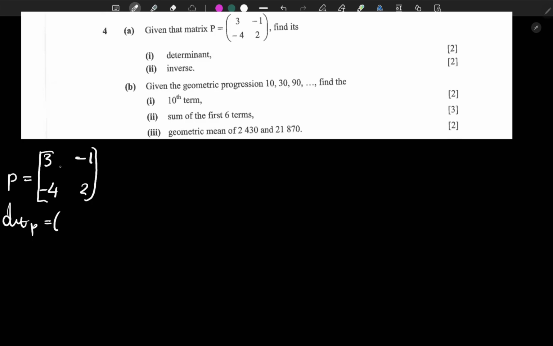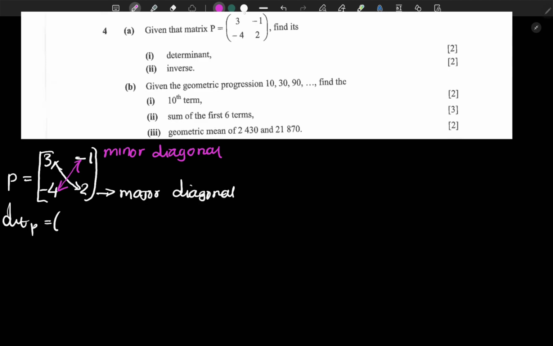So we are going to identify the elements from the major diagonal. So these represents the major diagonal. After that, we also have to look at the minor diagonal. So here we have the minor diagonal.